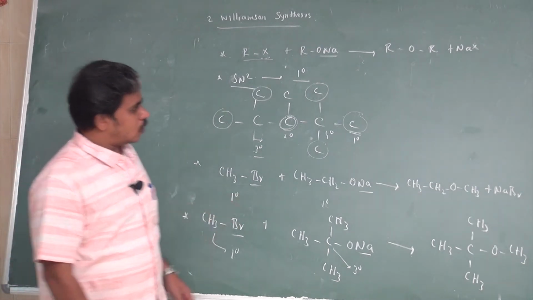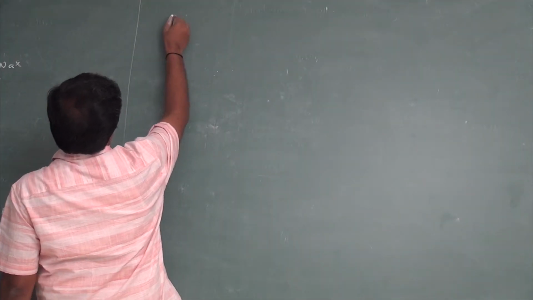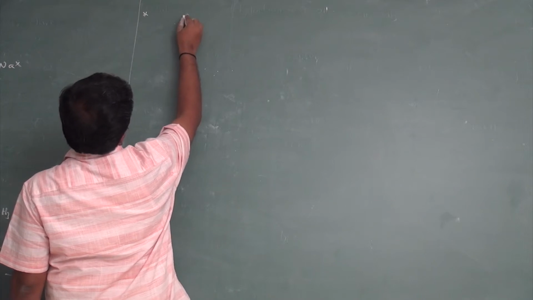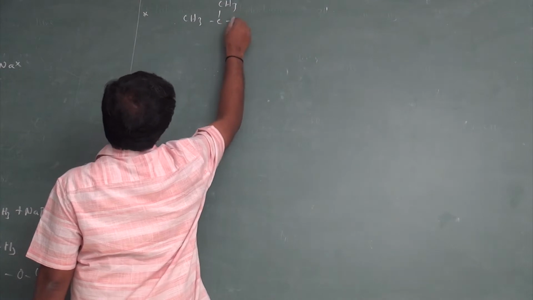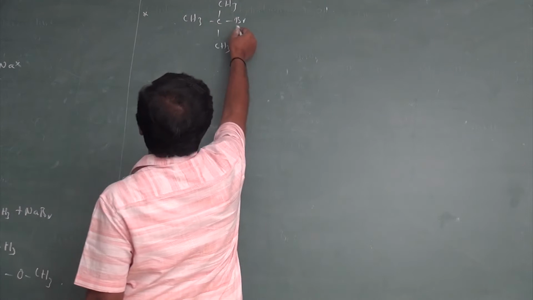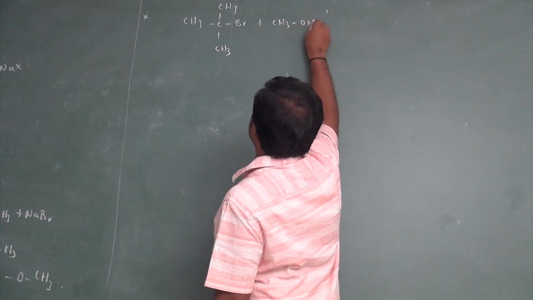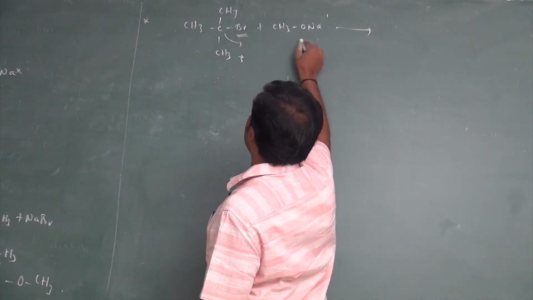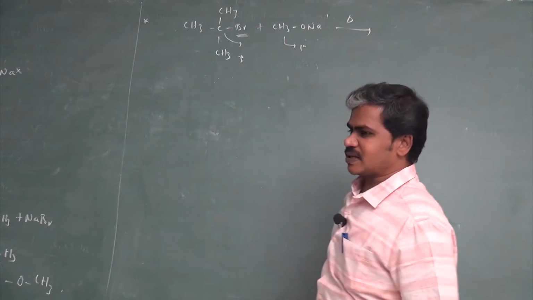Okay. So we are taking the next one. It is a tertiary alkyl halide, the most important tertiary alkyl halide, that is CH3, C, CH3, Br and CH3. So it is a tertiary alkyl halide with a primary alkoxide, on heating. What is the product?